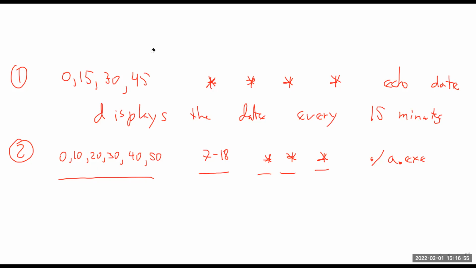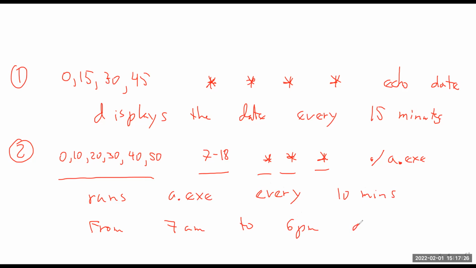So let's say it runs a.exe, right? Every 10 minutes, as we can see in the list, from 7 a.m. to 6 p.m. daily. Okay, and that's basically how that one works.